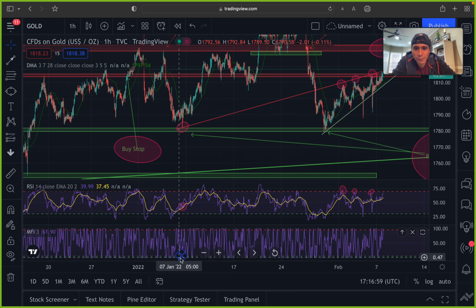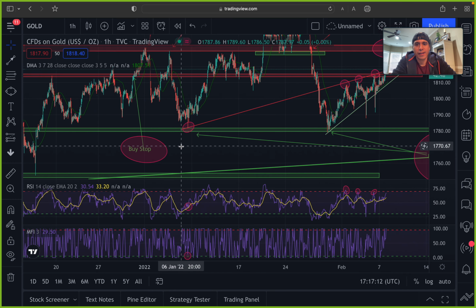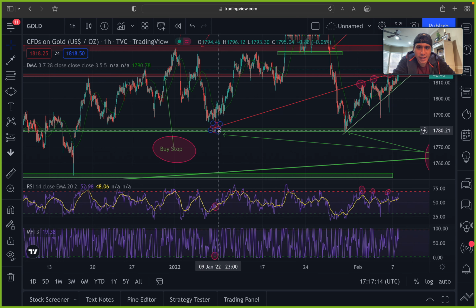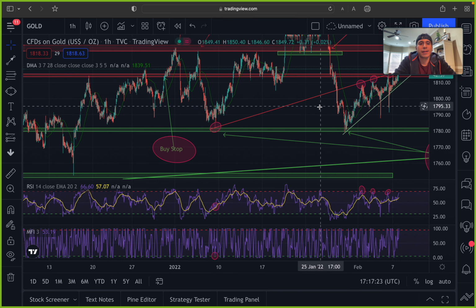My money flow was showing nearing a buy, and RSI was above the simple moving average, which is this yellow line. And at the time, it came down to an area of market structure support. So that would have indicated a buy, and that's exactly why it bought off right here.